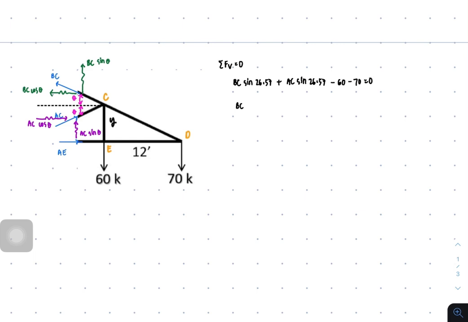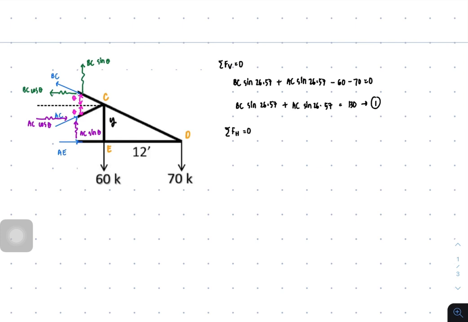So arranging it according to its order, BC sine 26.57 plus AC sine 26.57, transposing these to the other side, it will become positive. 60 and 70 is 130. Equation number 1.